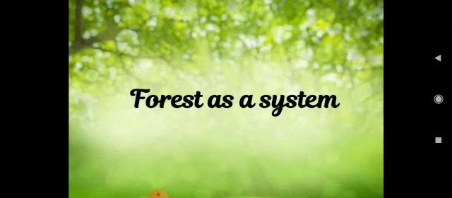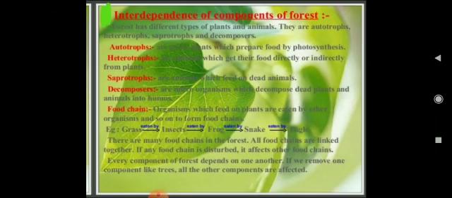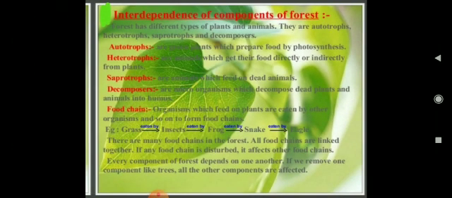There is an interaction between soil, water, air and the living organisms. All the animals, whether herbivores or carnivores, depend on plants for their food supply. So we can say this is the interdependence of components of the forest.